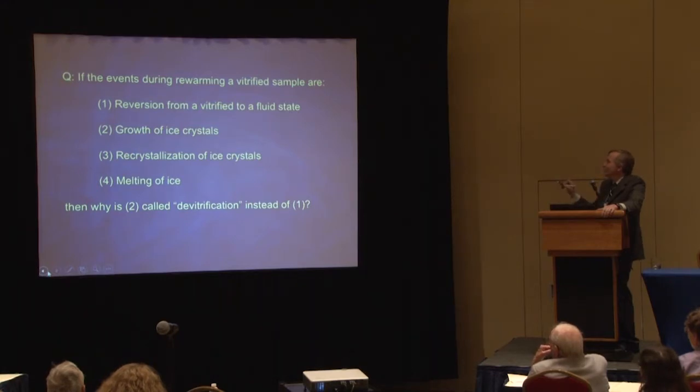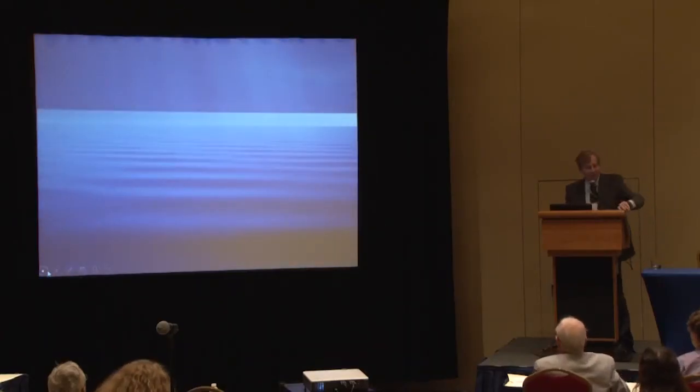Because you would think that by symmetry, if you vitrify something, the exact opposite process should be called devitrification. We were talking about this last night, and the use of devitrification to refer to ice crystallization during warming is very long and historical. It goes back to the early 20th century, and it's too late to change it. So even though it's confusing, it's just the way it is. And that's all I have to say. Thank you.